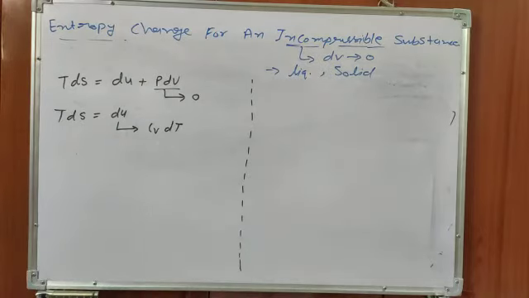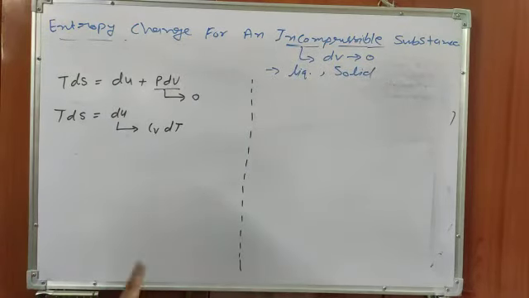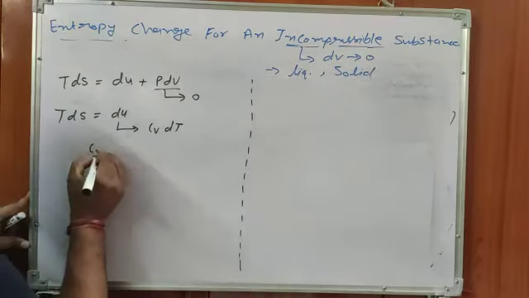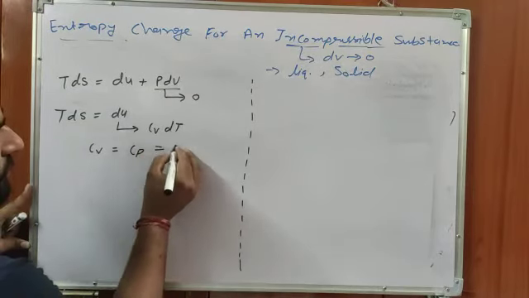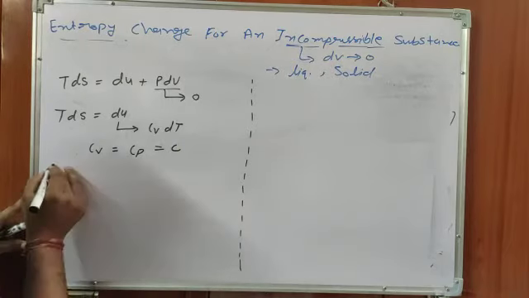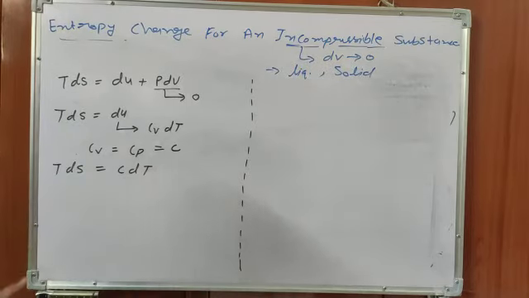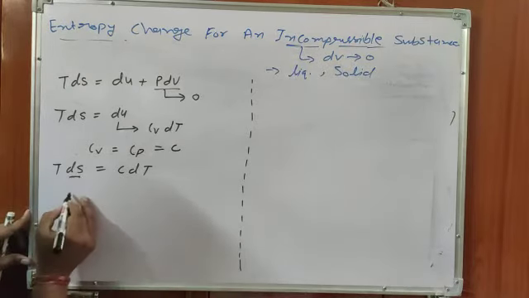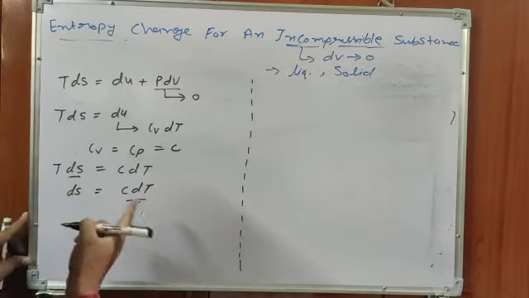But for any incompressible substance, the specific heat at constant volume and at constant pressure are the same, so we write it as C. Rearranging, TdS is equal to C dT. Now to calculate the entropy change, dS is equal to C dT divided by T.